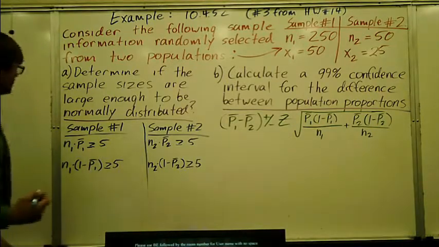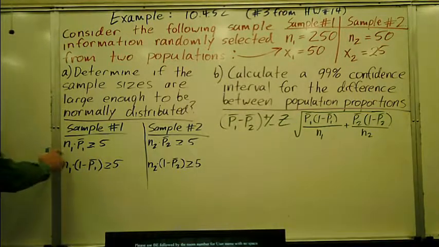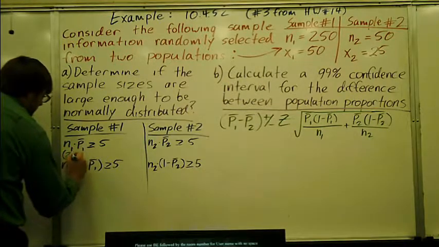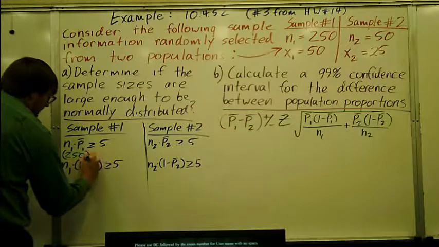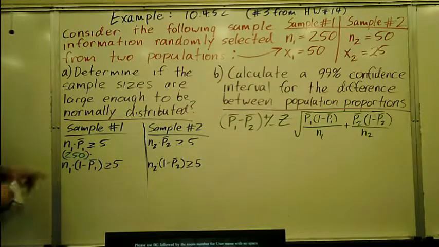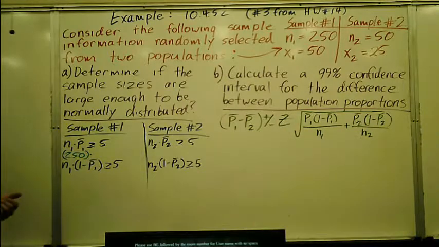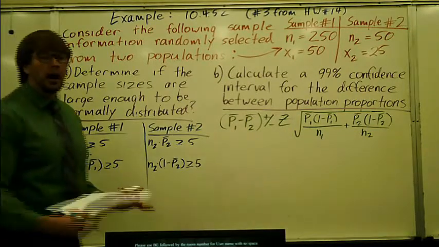Alright, so for sample size number 1, of course, n1 was 250, so we would have 250 multiplied by sample proportion number 1. We're not given sample proportion number 1, we calculate it.